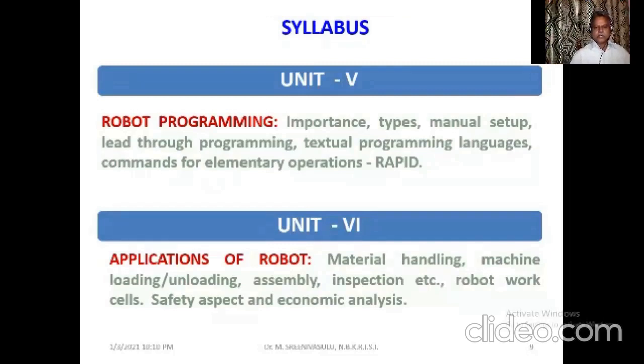So based on this only, the course objectives and outcomes have been set. After undergoing this particular course, these are the areas on which you are going to gain knowledge, and you will be able to analyze kinematic aspects, and you will also be able to understand how the programming languages are in order to control the robot, as well as for what major applications these robots have been put in use.